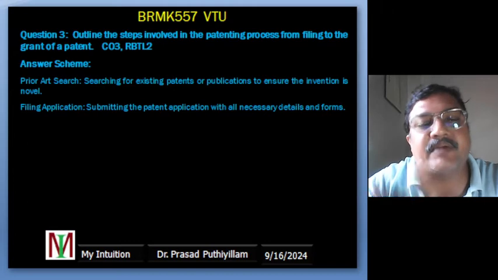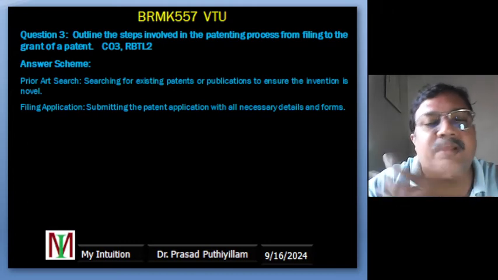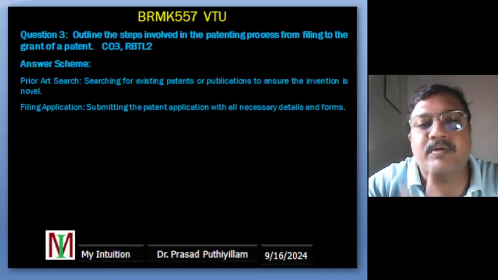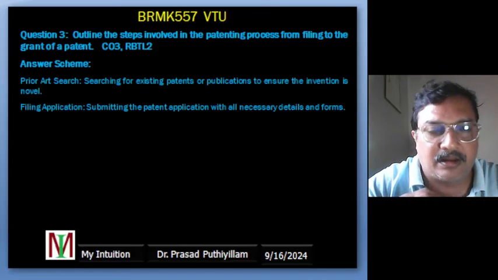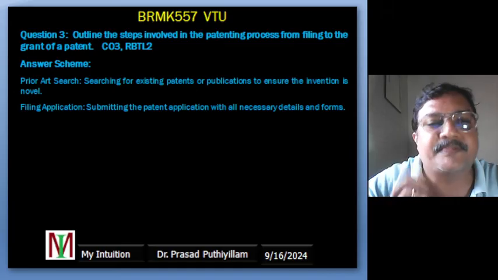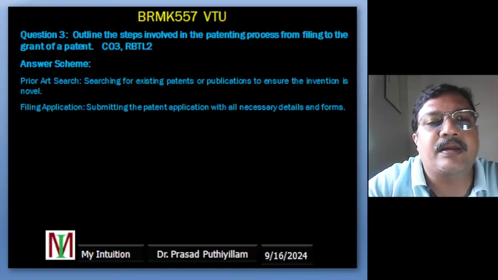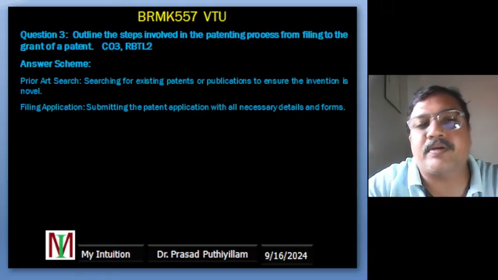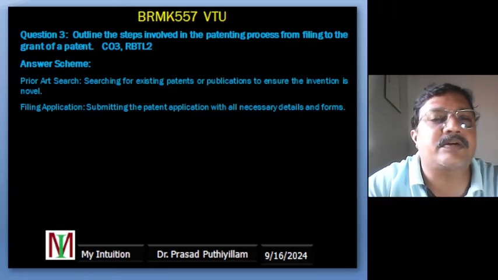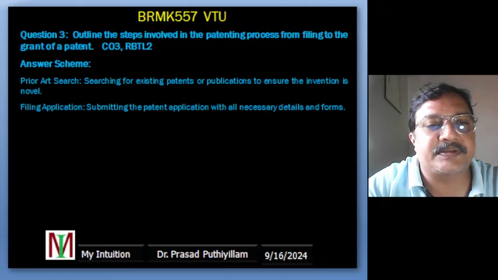For example, after inventing an efficient solar panel, we fill out a form which explains how the solar panel works, why our solar panel is unique, and then we submit it to the patent office. This process is called filing the application.